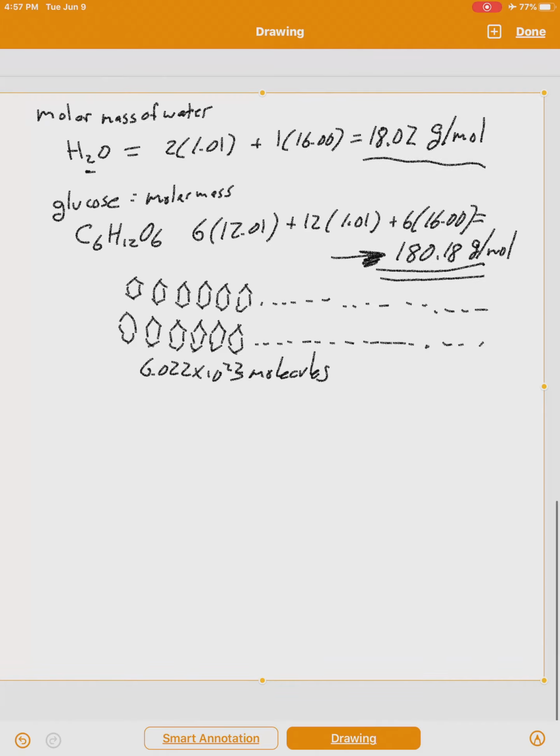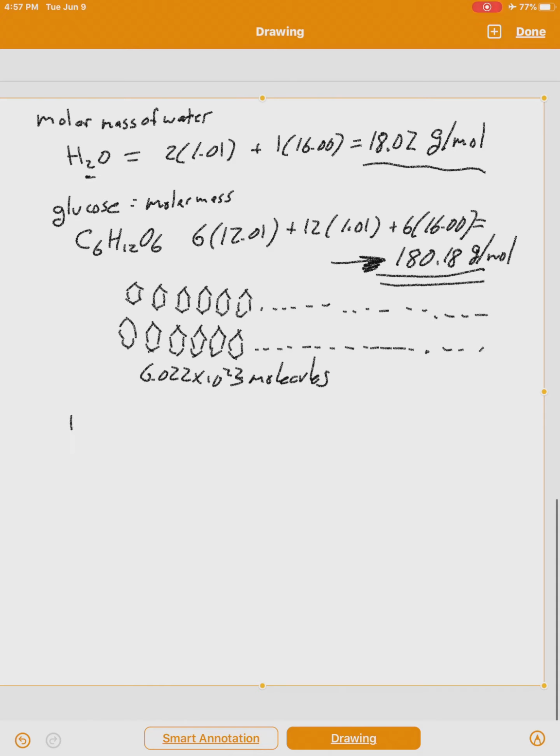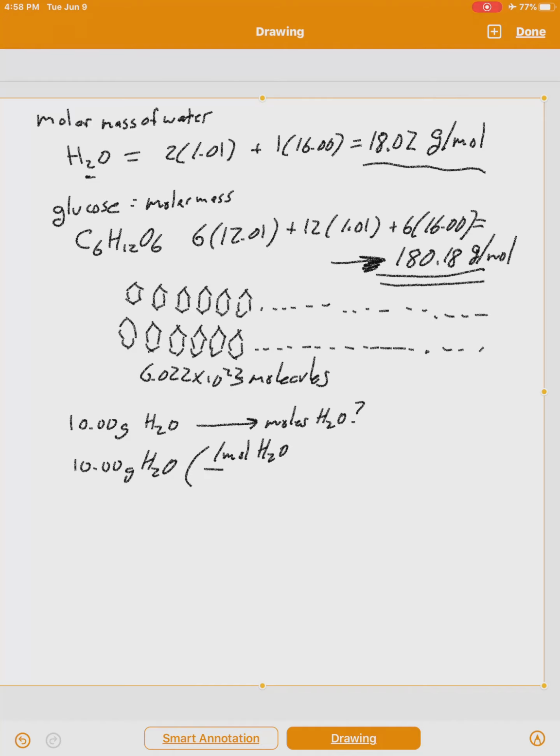So for example, if I have 10 grams of water and you want to find out how many moles of water that is, you'd say 10 grams of water, 1 mole of water is 18.02 grams of water. And then the grams of water cancel, and you get moles of water.